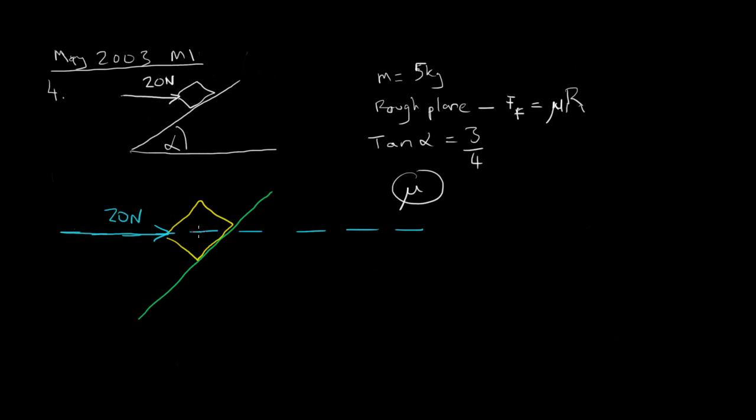Gravity acts at the center of mass and goes down like that. That's our weight. As usual with these problems, we need to resolve in the directions parallel to the slope, which is this direction, and perpendicular to the slope, which is that direction.